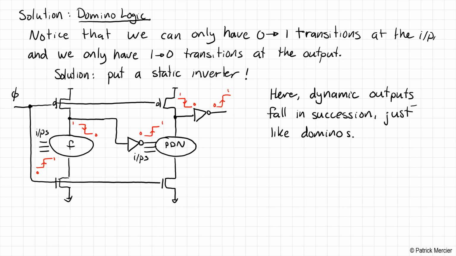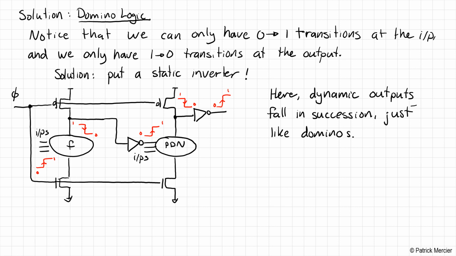Okay, so in other words, all of the dynamic logic gates will get pre-charged to VDD, and then if the output of a dynamic gate changes, the only way it can change is it's going to fall.